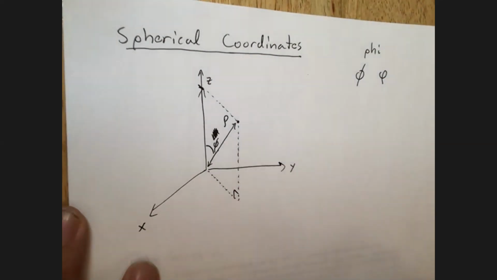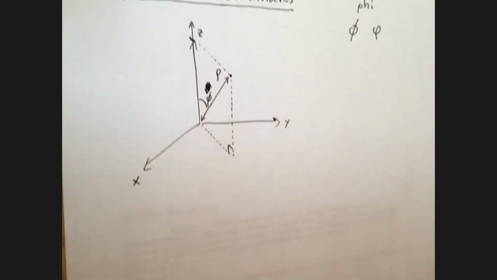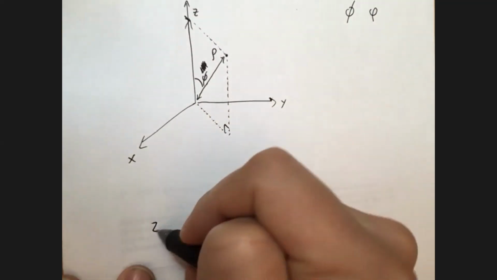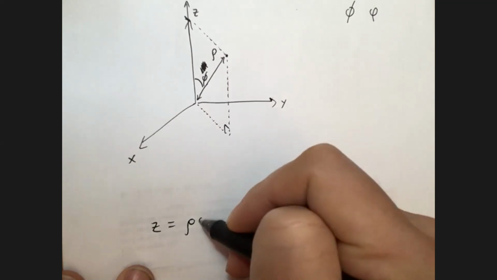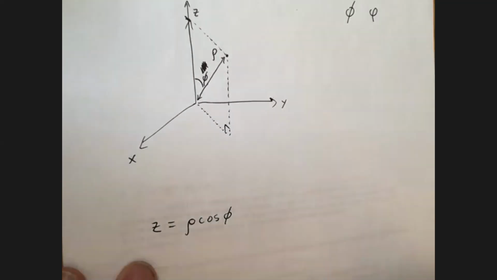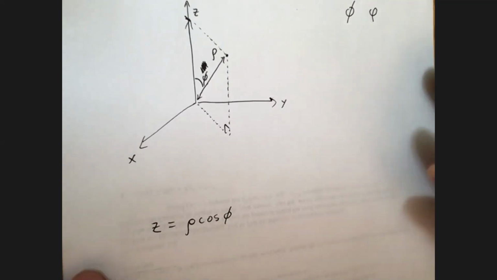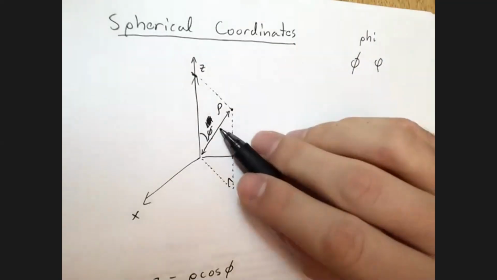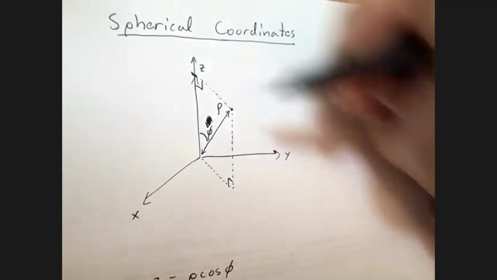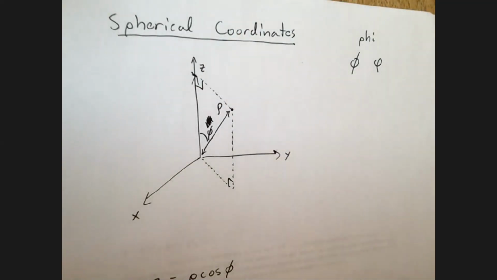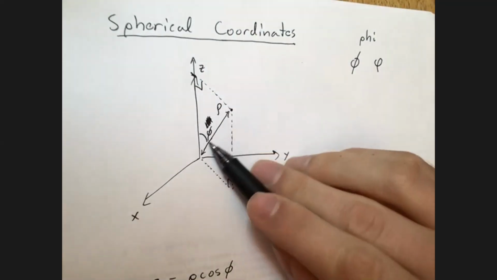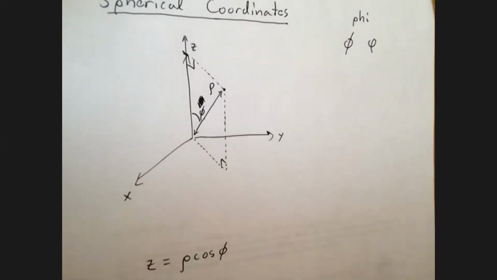So we've already got one of our equations. We know that z is equal to rho cosine phi. That's one of the three equations we're going to have for x, y, z. That one just comes from a little bit of trig here, realizing that this is a right triangle with hypotenuse rho and angle phi. So that one's the easiest.